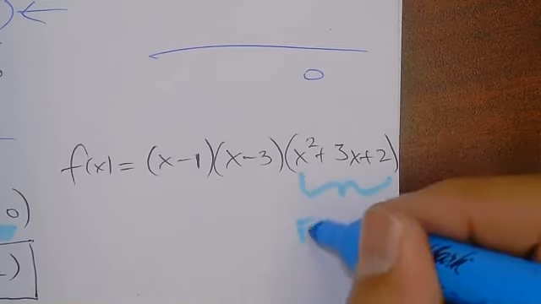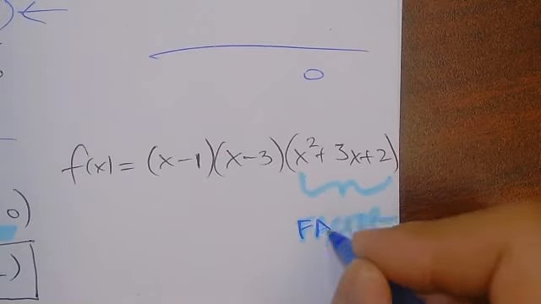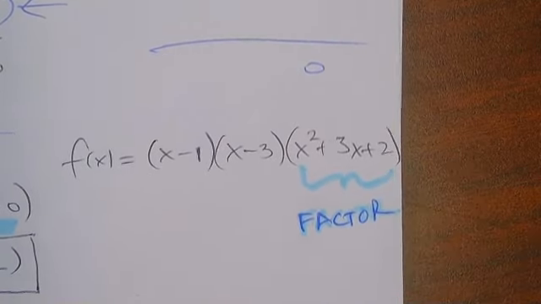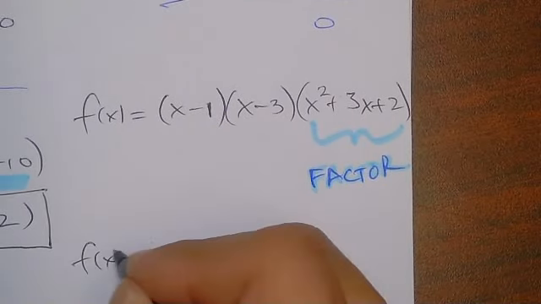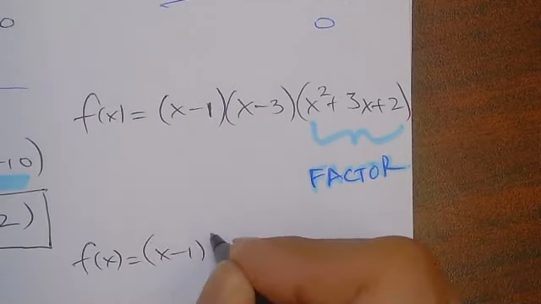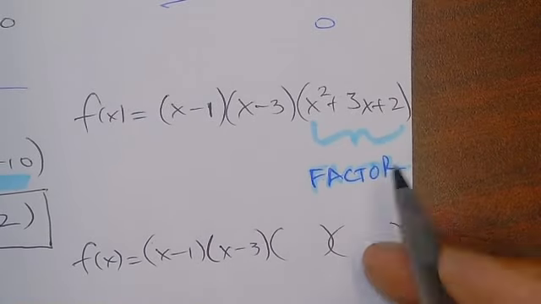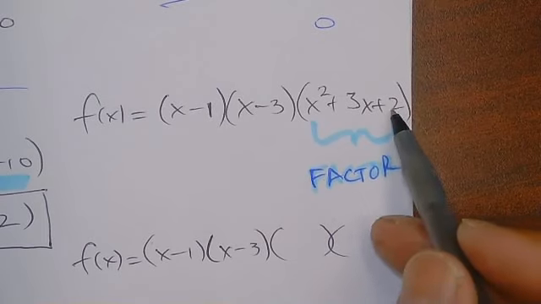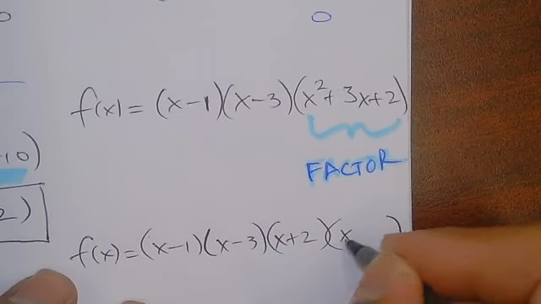But I'm telling you at this point, once you break it down to quadratic, you better know how to factor this. You will be able to factor it once it gets to x squared, quadratic. So what will be the last two parentheses here, everybody? Let's see. X minus 1, x minus 3.